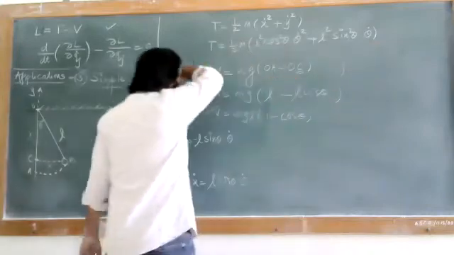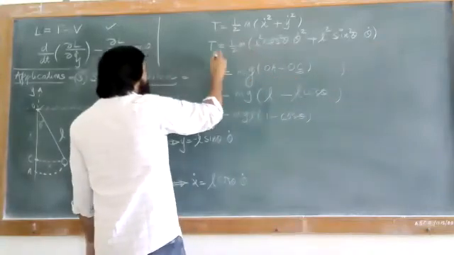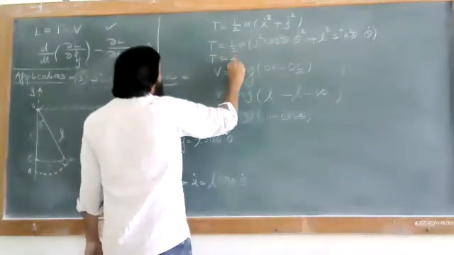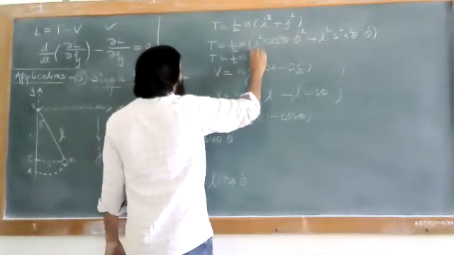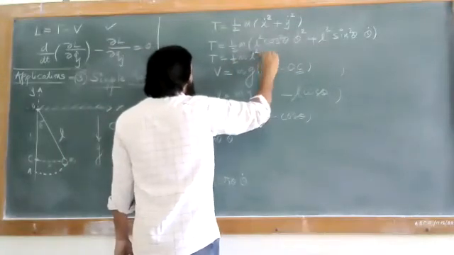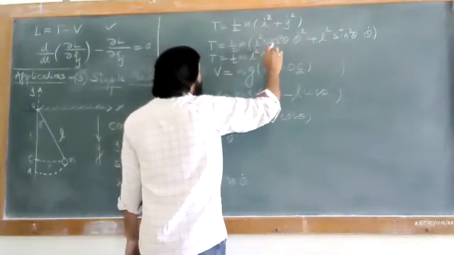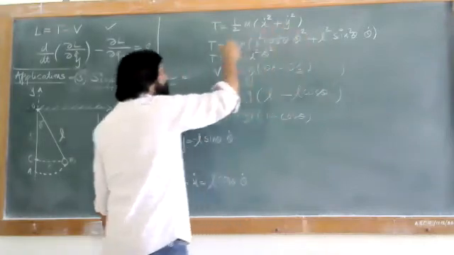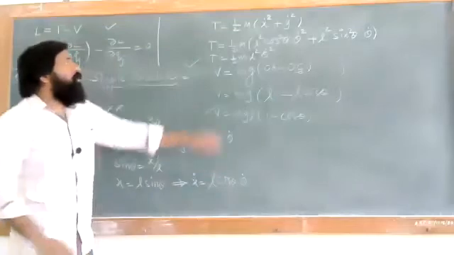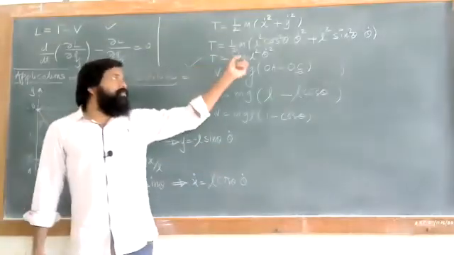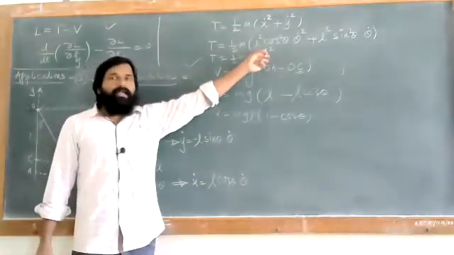So what should be your final thing? The kinetic energy can be 1/2 m into L square into this theta dot square. What should be in the bracket? Cos square theta plus sin square theta, that is equal to 1. And so you can have the kinetic energy T is equal to 1 half m L square theta dot square.